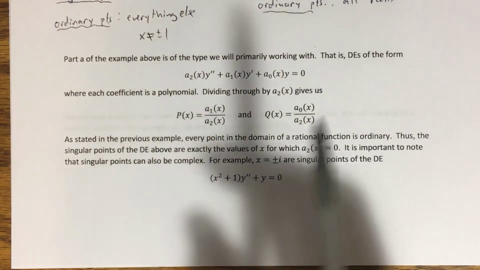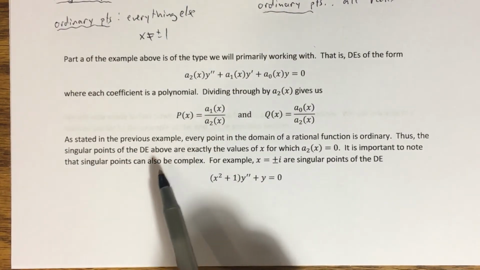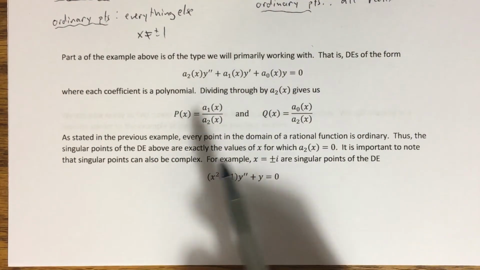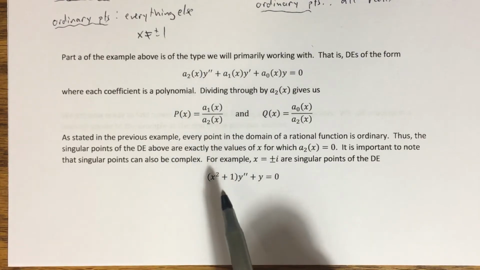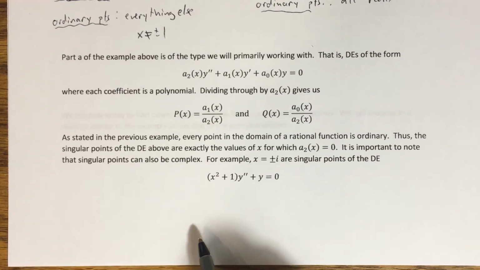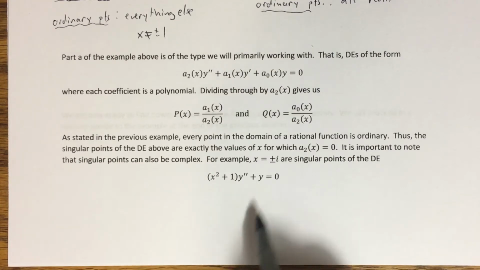Okay? Another thing that's important to point out here, and we use this fact, is that even though the solutions to the DEs that we're finding are always assumed to be real valued functions, it is possible for a DE to have complex singular points. So for example, this DE right here, x squared plus 1, y double prime plus y equals 0.